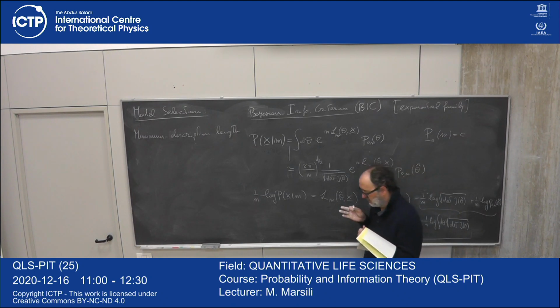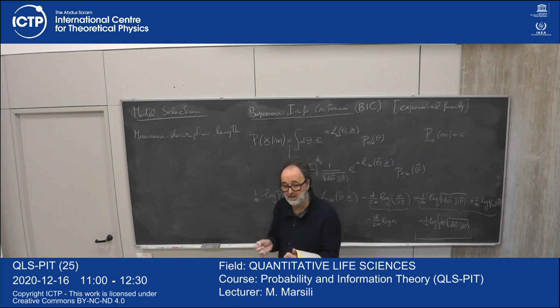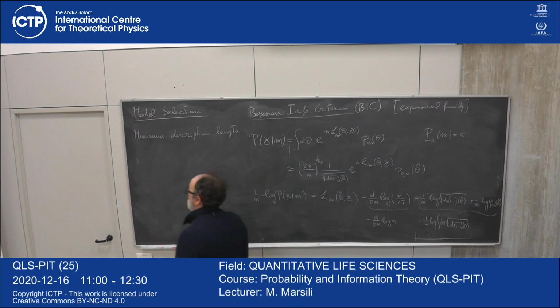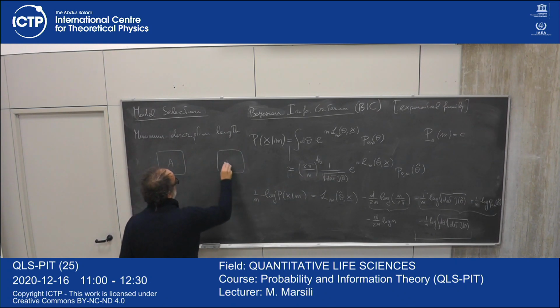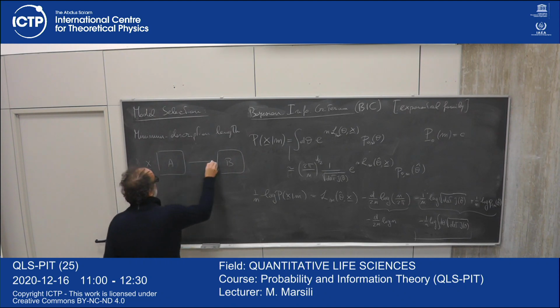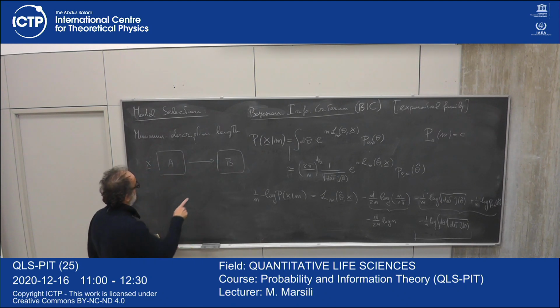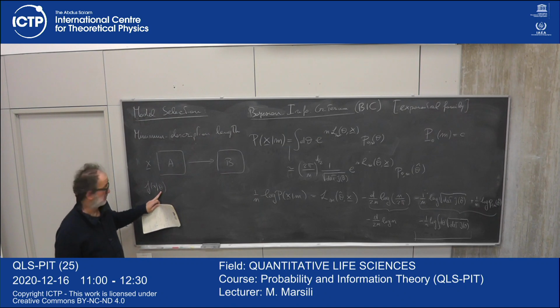And essentially what you would like is to find a model that is able to compress your data as much as possible. So if you look at this problem from this perspective, you have the usual coding perspective of Alice and Bob. Alice has this data X, and has to send it to Bob. And Bob knows that this data was generated from some distribution f of x given theta, but does not know what the parameters theta are.